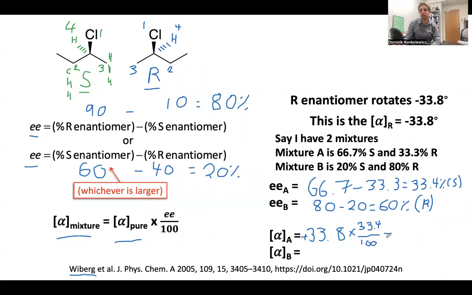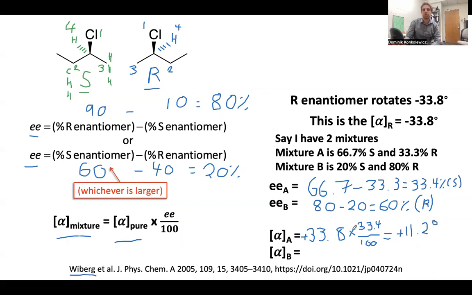If we calculate that, we end up with a rotation of plus 11.2 degrees. I just rounded 11.2 to 11.3 degrees.